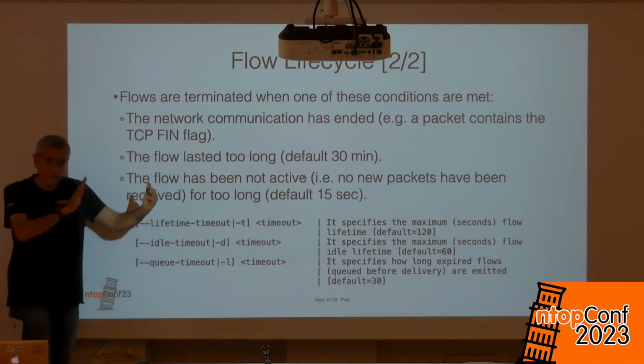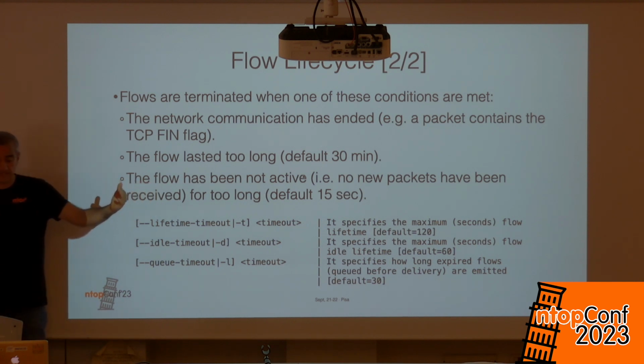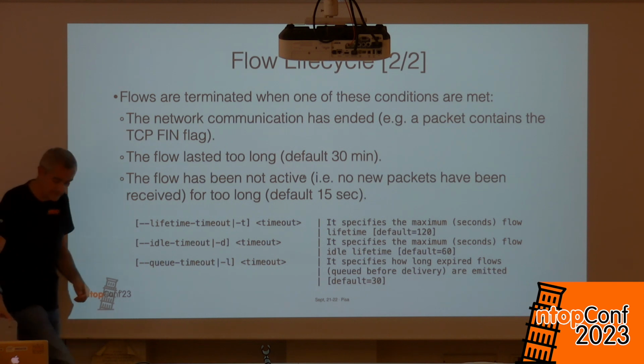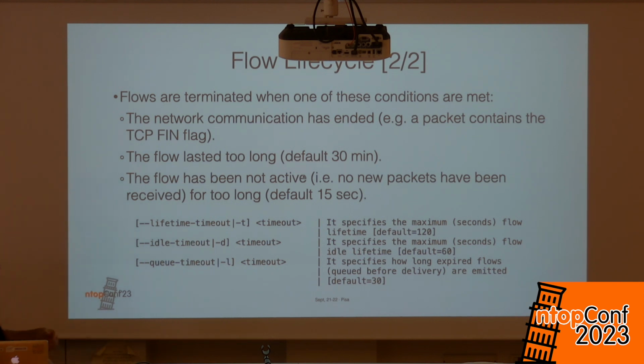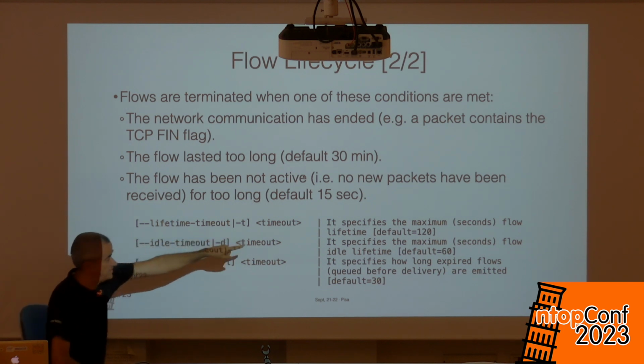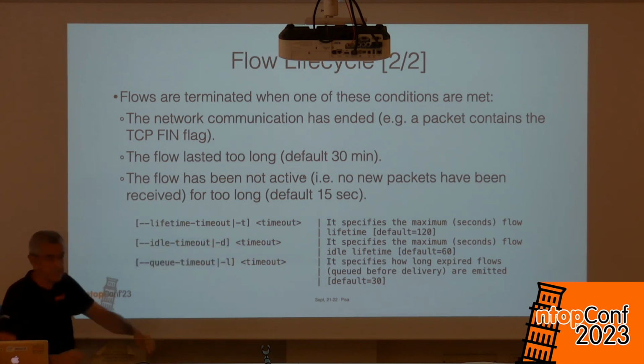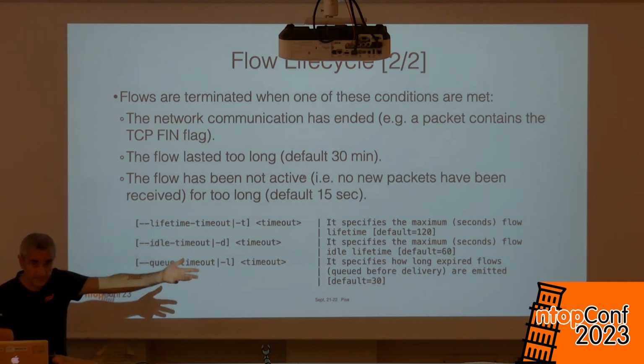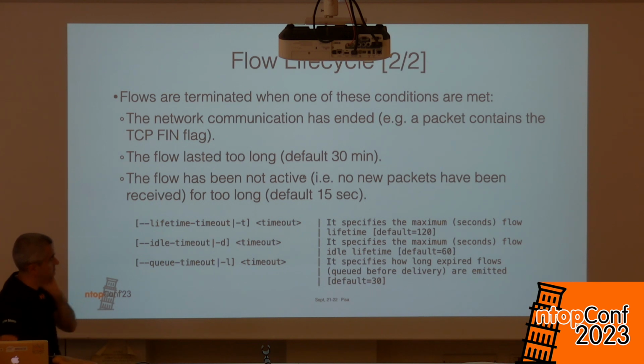Let's say a flow is lasting a long time, like now, for instance, we had this streaming over Teams that lasted half an hour. If I put a timeout of 120 seconds, it means that every 2 minutes a flow is exported by mprobe to the remote collector. This is very important. I will tell you why in a second.